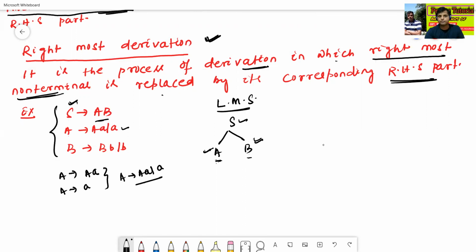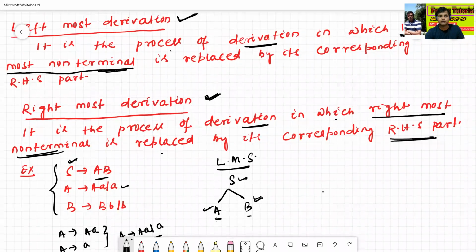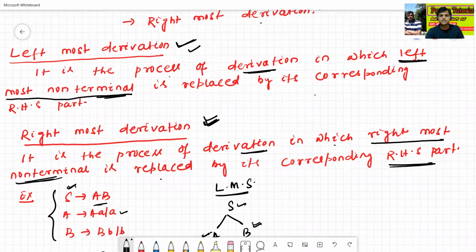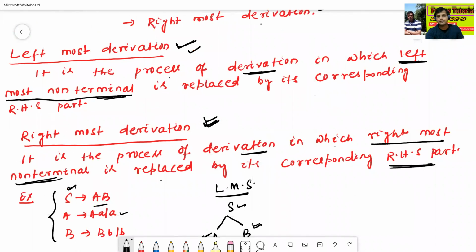So now we have to follow either leftmost derivation or rightmost derivation. What is the definition of leftmost derivation? It is the process of derivation in which the leftmost non-terminal is replaced by its corresponding RHS part.